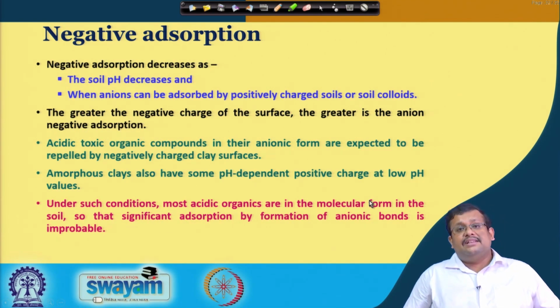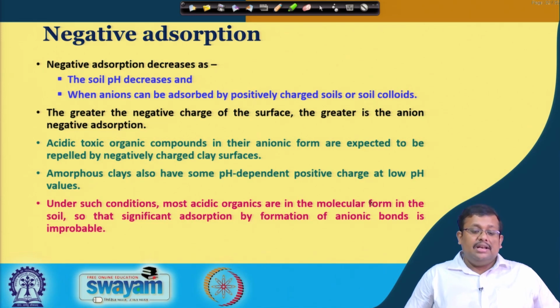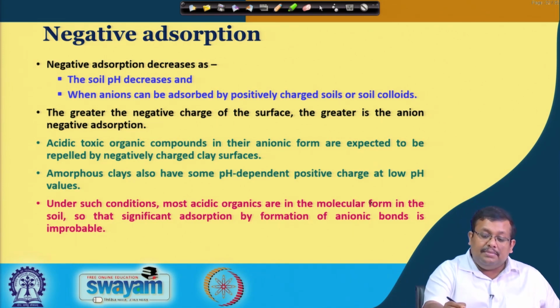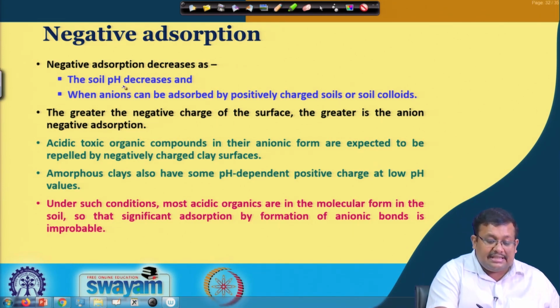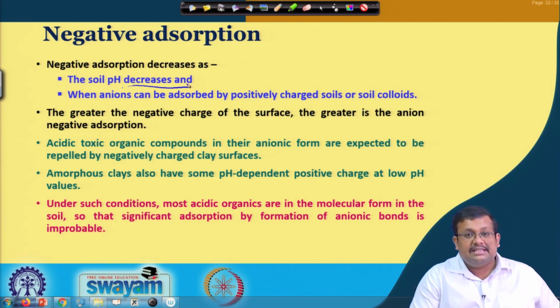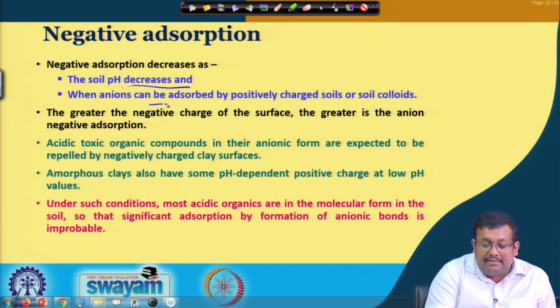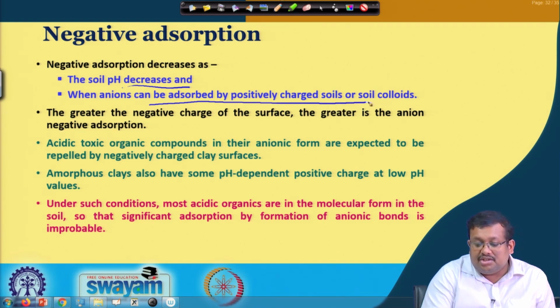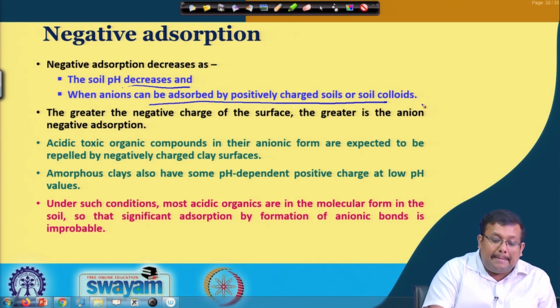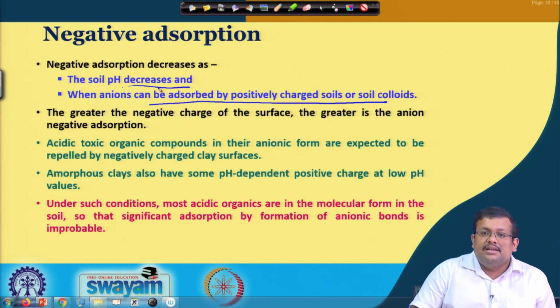Negative adsorption in the soil decreases as the soil pH decreases. When the soil pH decreases, negative adsorption decreases, and anions can be adsorbed by positively charged soil or soil colloids. Why?